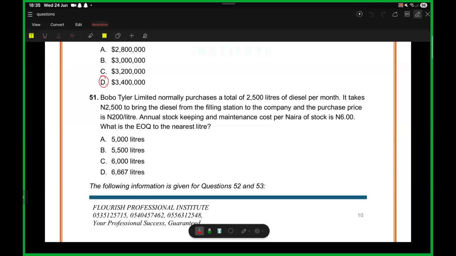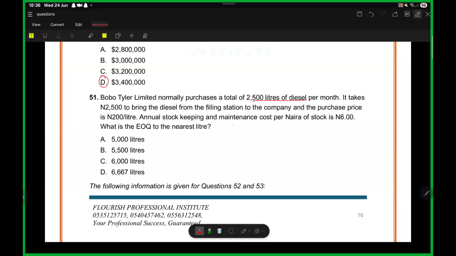No problem. So we said that Bobo Tyler Limited normally purchases a total of 2,500 liters of diesel per month. So monthly is 2,500. It takes 2,500 naira to bring the diesel from the filling station to the company, and the purchase price is 200 naira per liter.